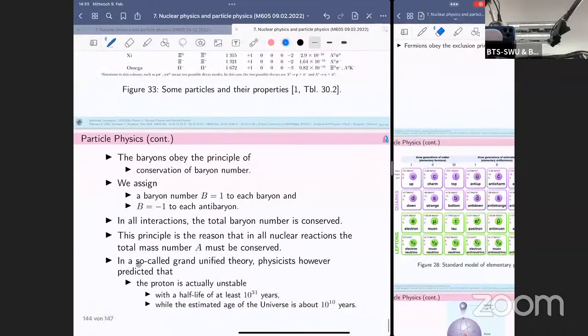The next one is that this principle is the reason that in all nuclear reactions, the total mass number A must be conserved. And even though we are sure that the proton is quite stable, you know that physics is still not dead. They are still discovering something, and there are more and more new theories.